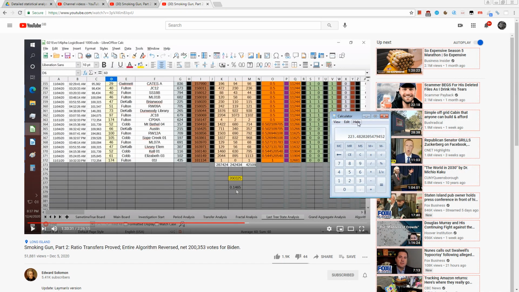Here's the thing. It turns out that the average now of, if you add up all the totals for each individual percentage and then all the Trump totals, the Trump total is 14.65% of the total. That's the average.